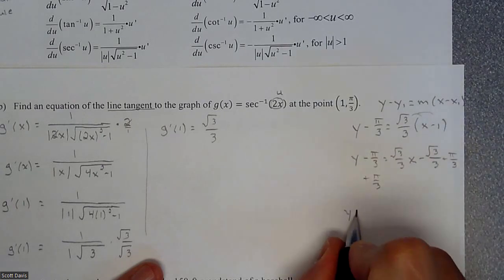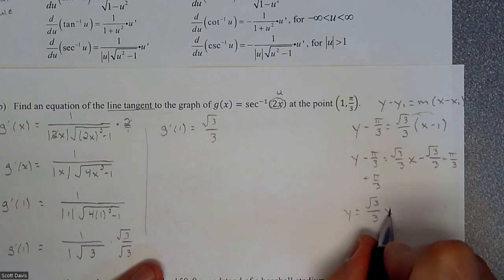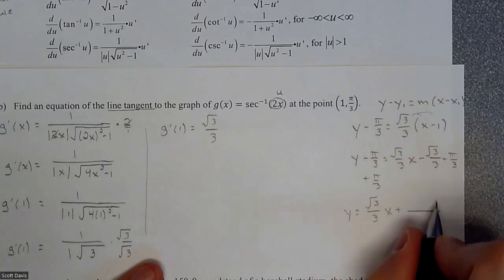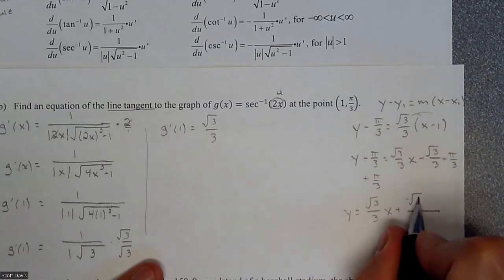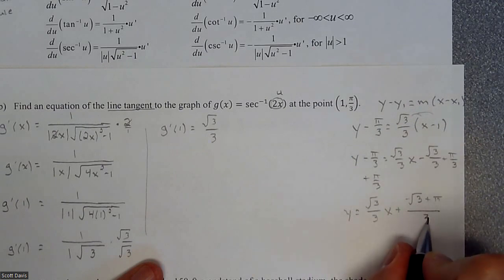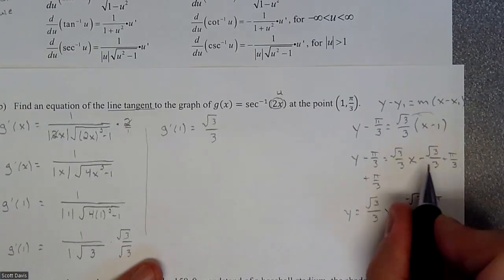And so our equation is a slope of root 3 over 3 x, and then let's do a plus a negative root 3 plus pi over 3. So I'm just kind of clumping that whole thing together with a common denominator. Be careful about that negative sign.